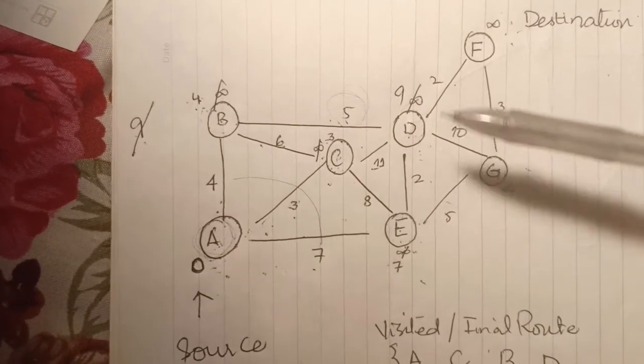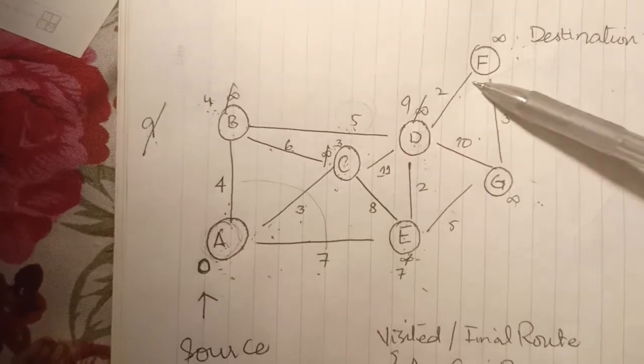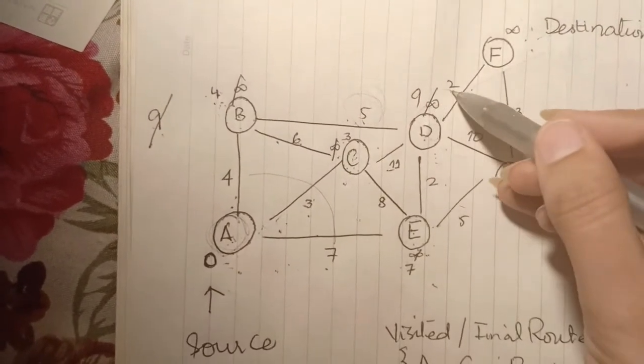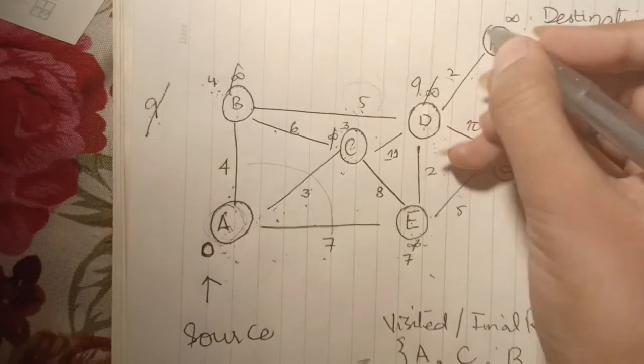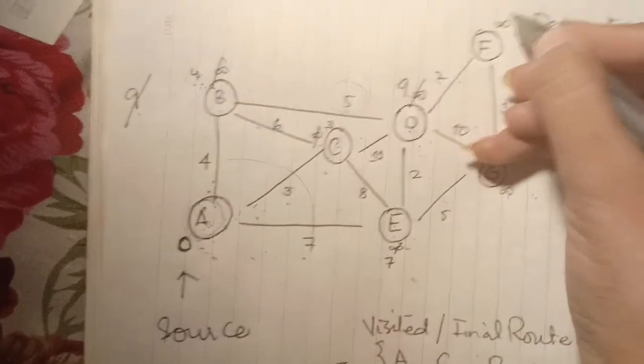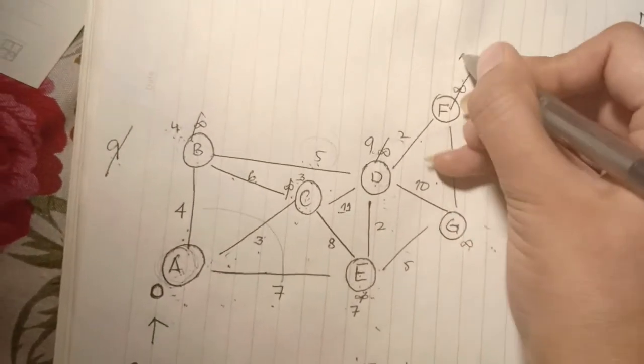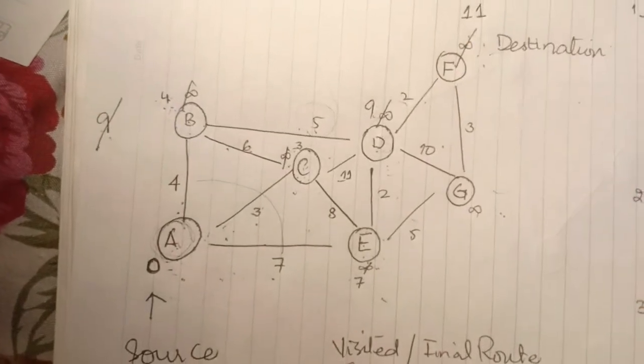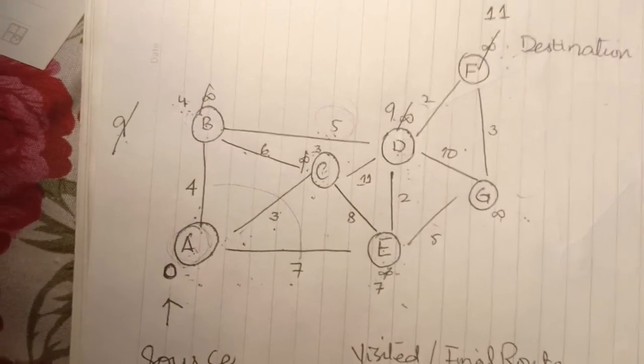So from D, first you consider D to F, and your 9 plus 2 means 11. You get 11 and you replace infinity with it, because your current value is less than infinity.